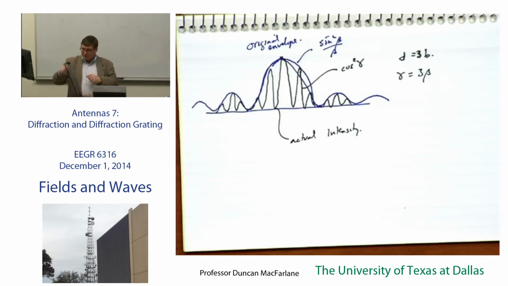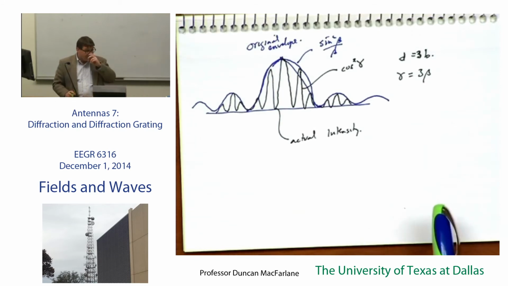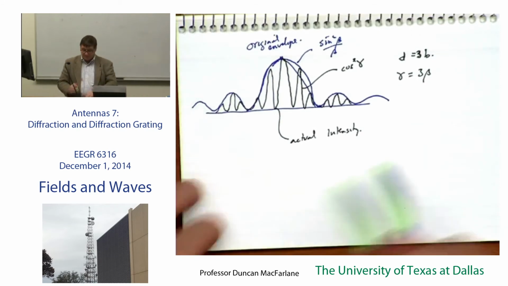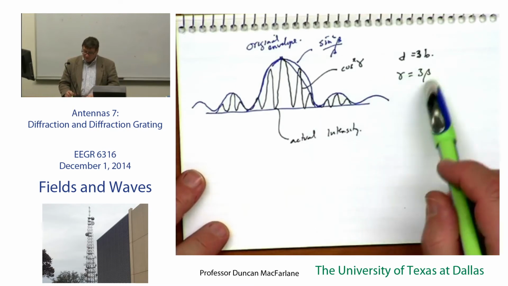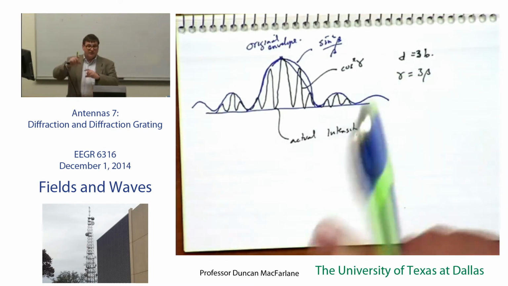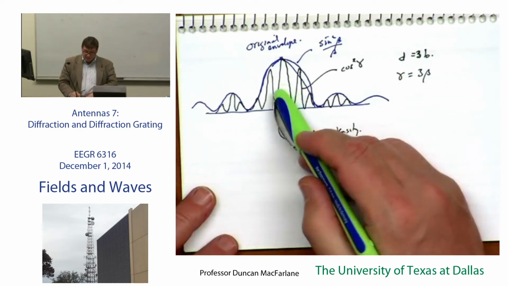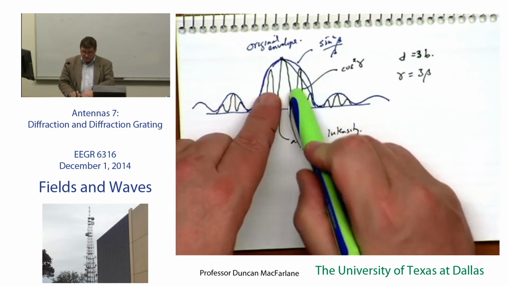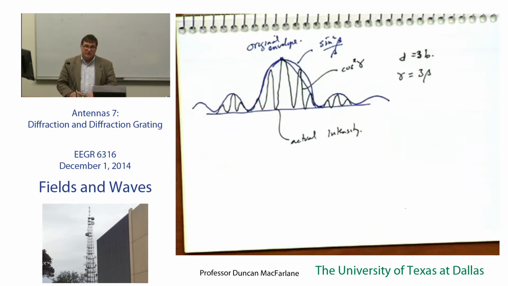By having multiple slits, we are on the right track of narrowing that distribution. Okay? So if I continue to make gamma finer and finer, I can spread these guys out even more.